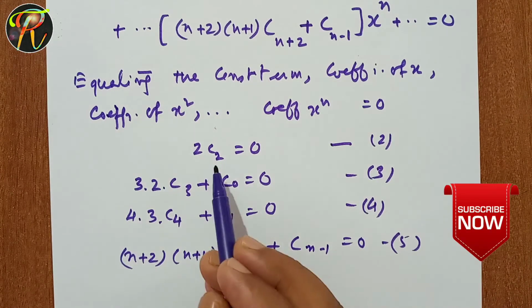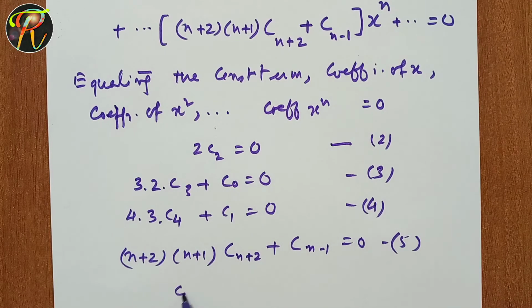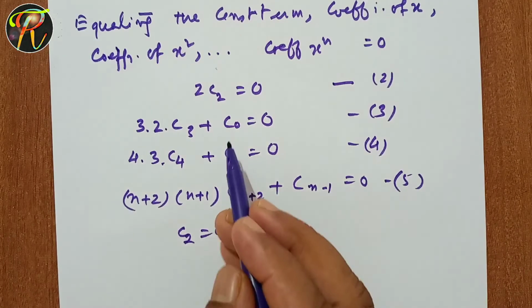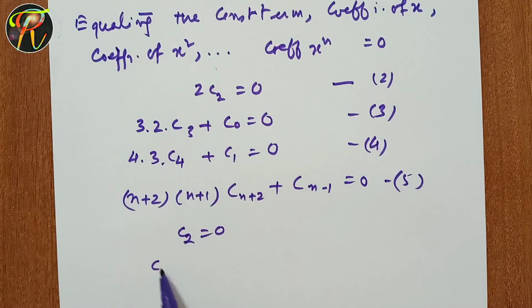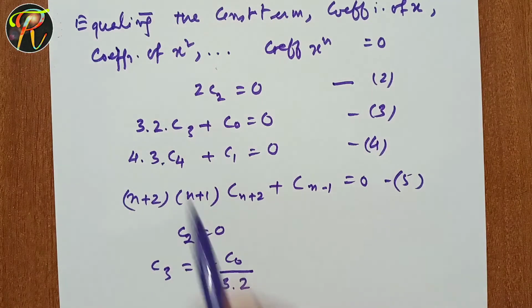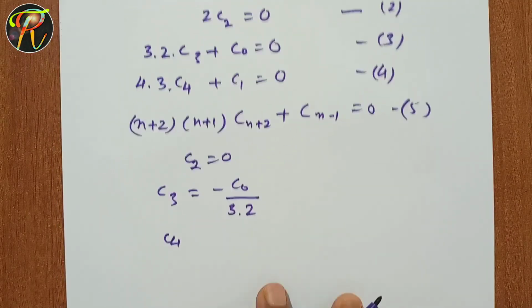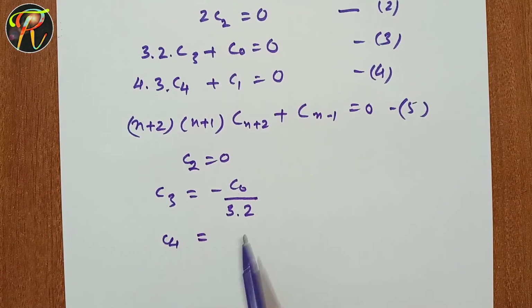So first we see here c2 is equal to 0, and then c3 is equal to minus c0 upon 3 into 2. Here c4 is equal to minus c1 upon 4 into 3.